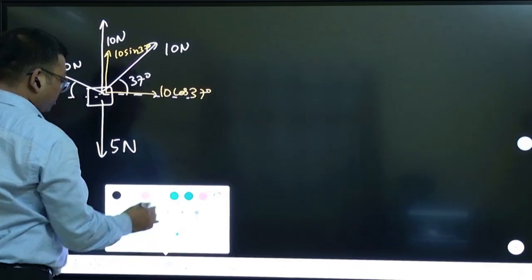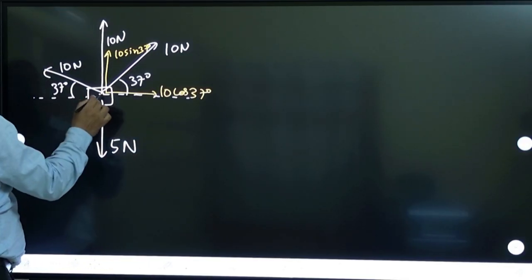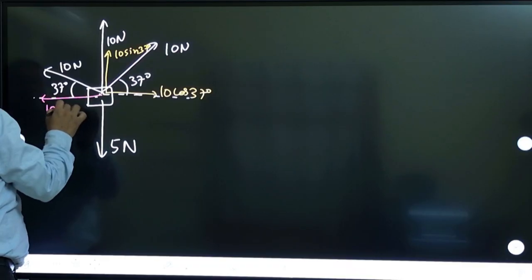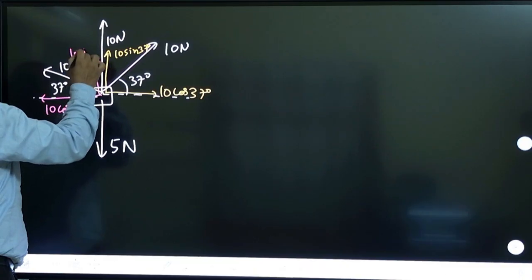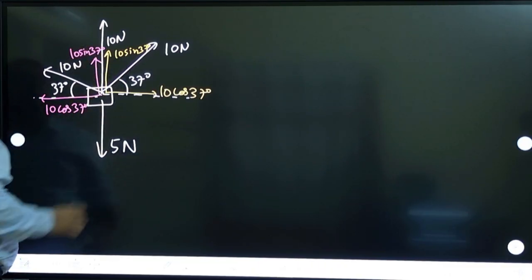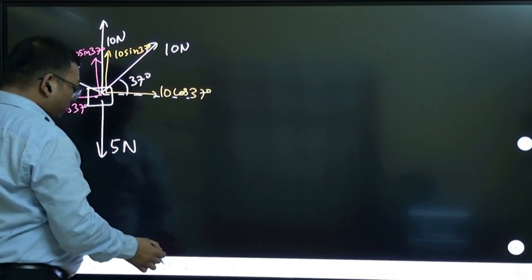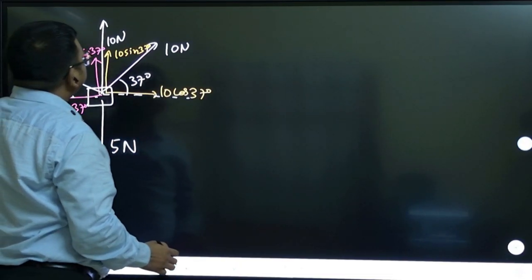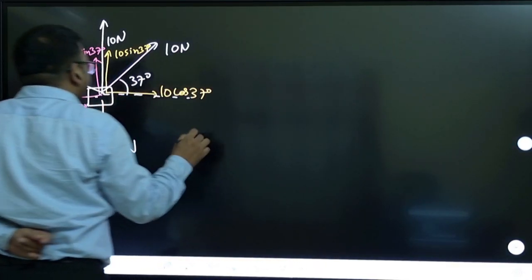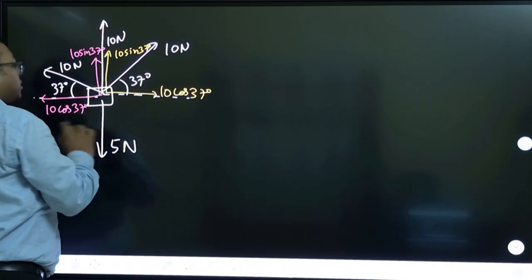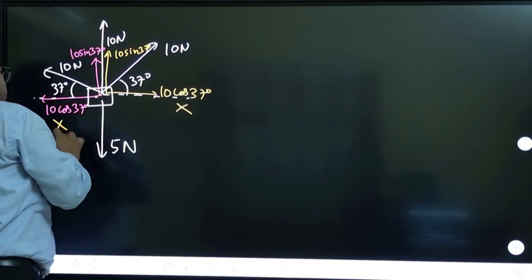Similarly, let us break this force, which is 10 cos 37 and here 10 sine 37. All others are vertical only. So let us now write all the vertical forces and horizontal forces. Note that this 10 cos 37 and 10 cos 37 are equal, so they are going to cancel out.